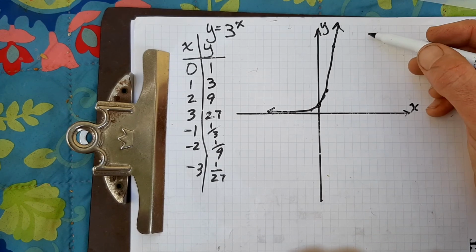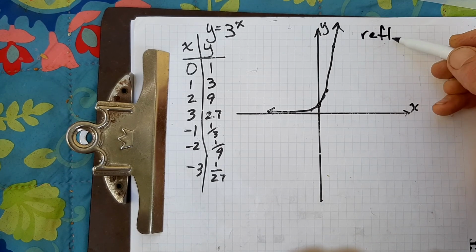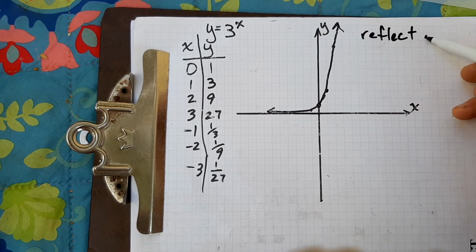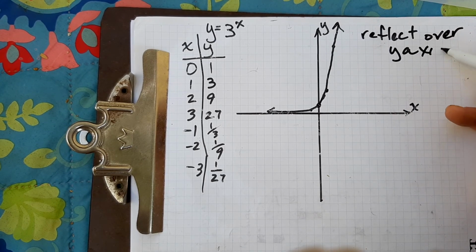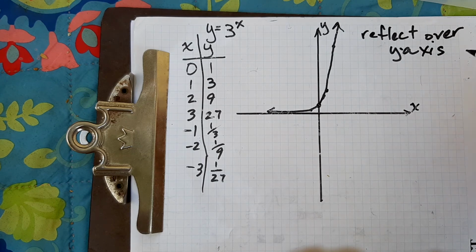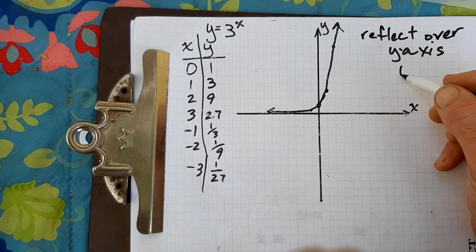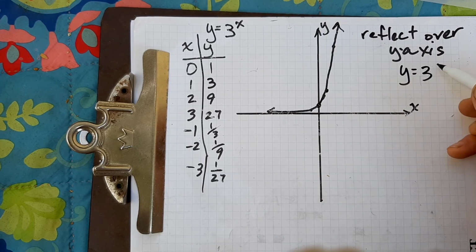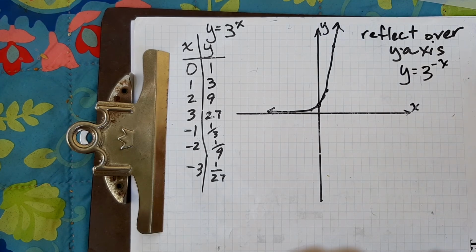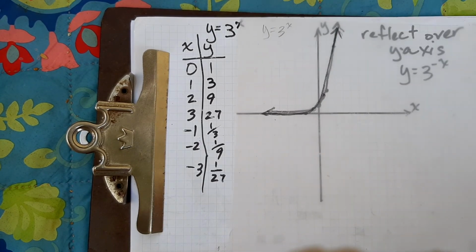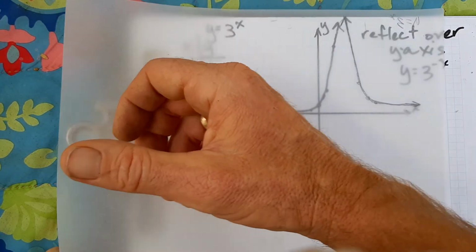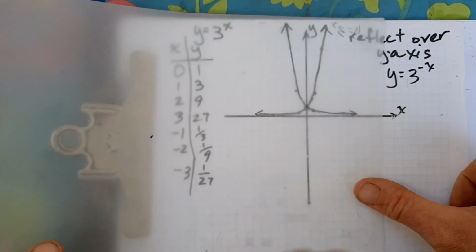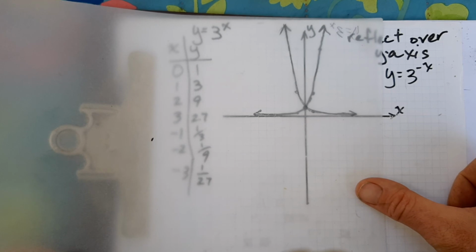So this will reflect over the y-axis. Sorry about all these flies, I'm outside. Reflect over the y-axis, I have y equals 3 to the negative x power. Okay, and that will make every x-coordinate flip, and I get the same y for the opposite sign of the x.